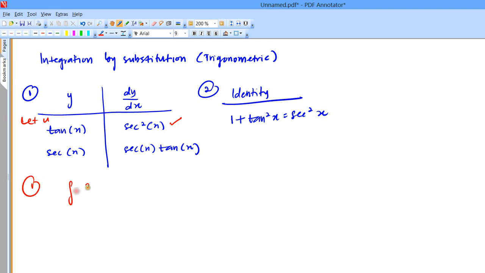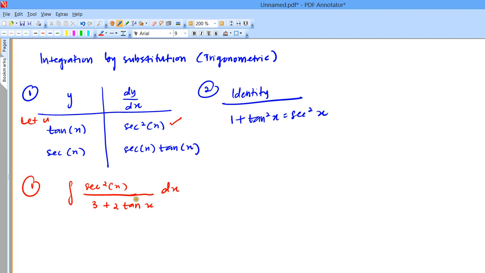Integrate secant square x over 3 plus 2 tangent x dx. For the first problem, this integration involves secant and tangent, but this function is a rational function.